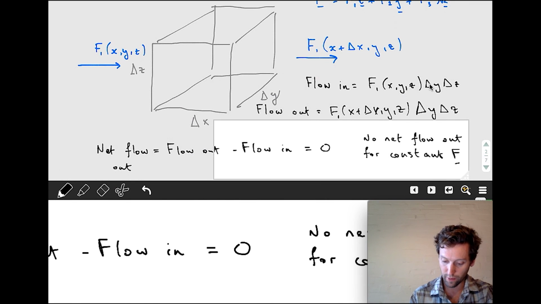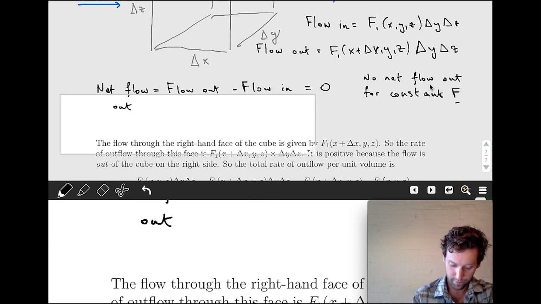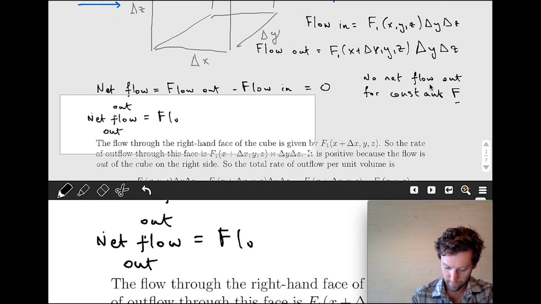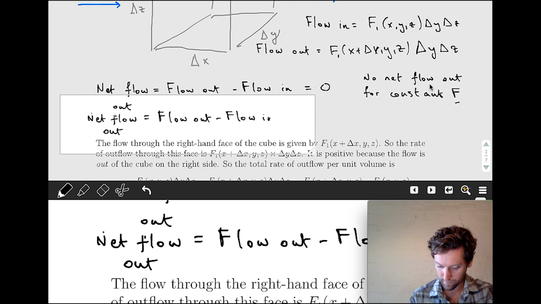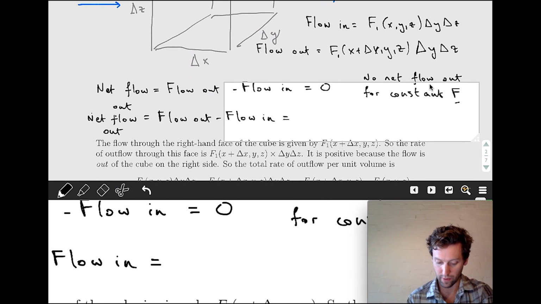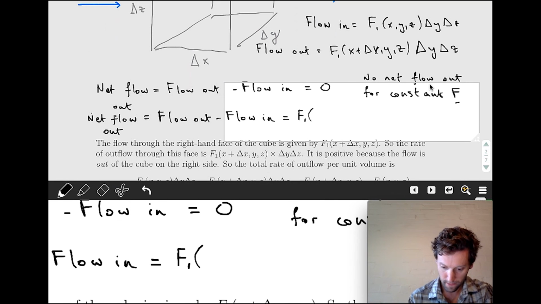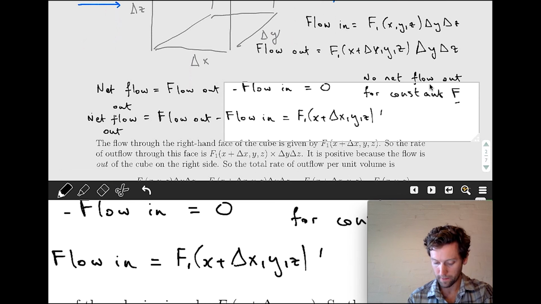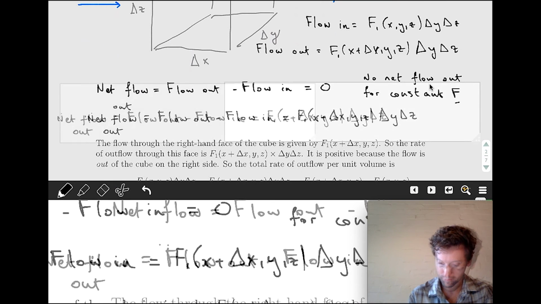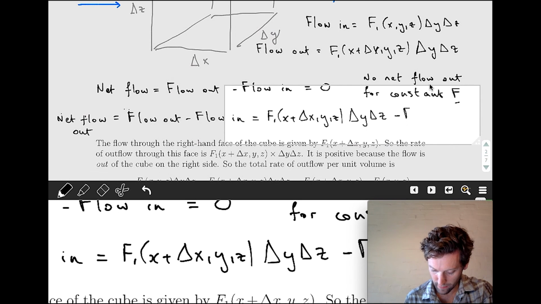It's going to be, again, flow out minus flow in, which will be the difference between these two things. So I'm going to have F1 at X plus delta X, Y, Z times delta Y, delta Z, minus F1 at X, Y, Z times delta Y, delta Z.